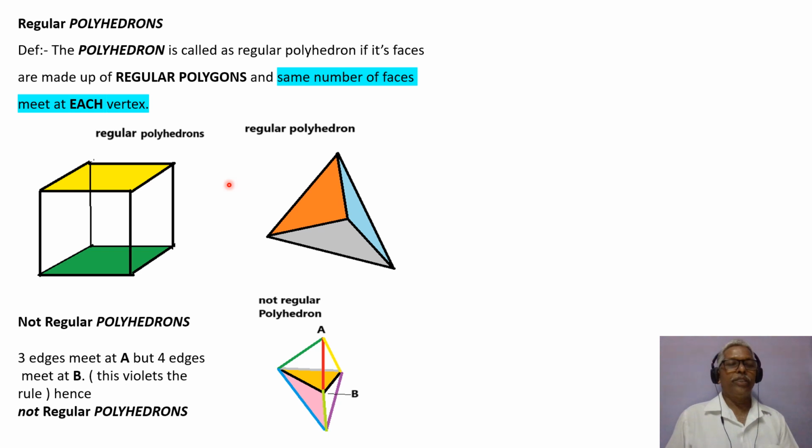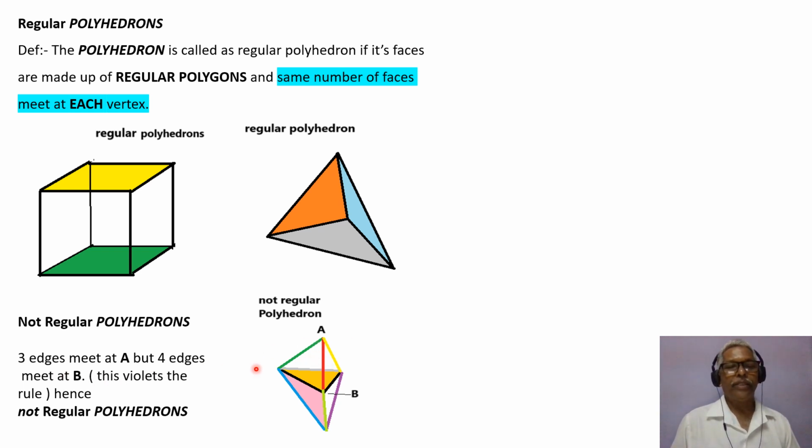Okay. This will be clear if you see which is not a regular polyhedron. We are not calling it an irregular polyhedron, we will call it not a regular polyhedron. This is not a regular polyhedron because of the expression given here: three edges meet at A. So if you see here at A, there are three edges, one, two, another on the back side.